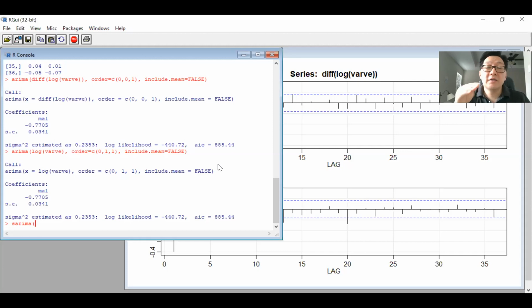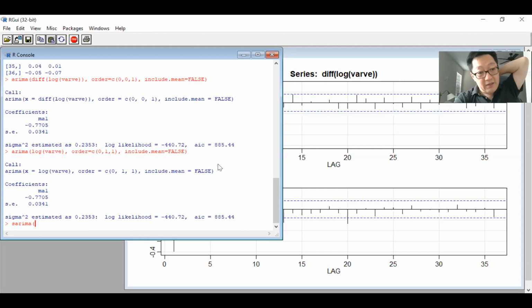Every summer, every Thanksgiving season, there are more passengers using flights. That is seasonality, a pattern. Whenever we have seasonality, we have to remove it because it is another effect in the time series data.